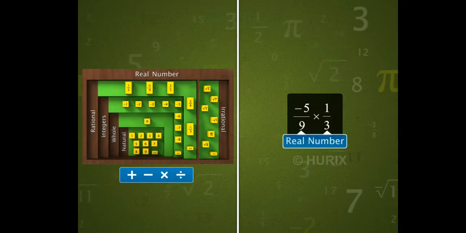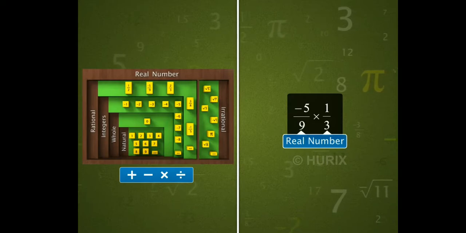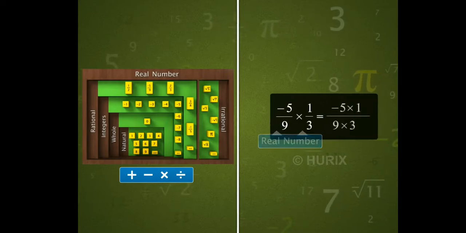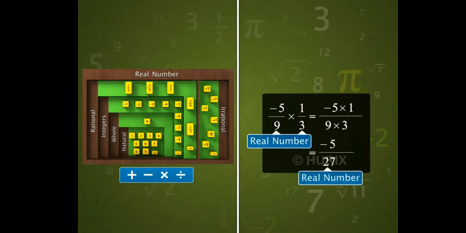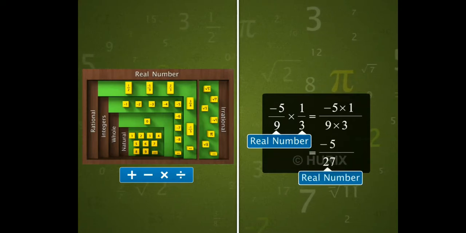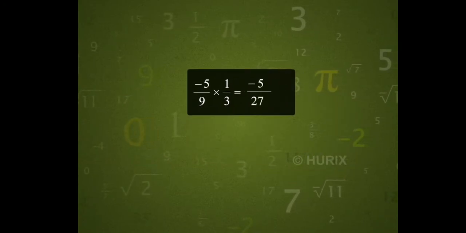Let's see if the product of any two real numbers is a real number or not. We multiply these two numbers and get the product, which is also a real number. Let's look at one more example.